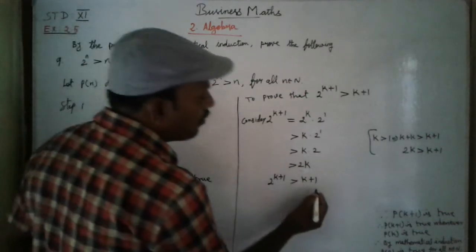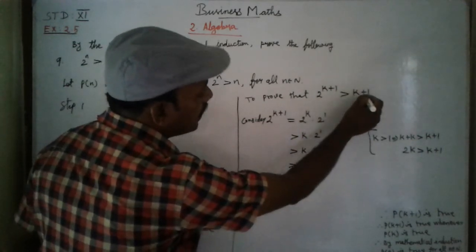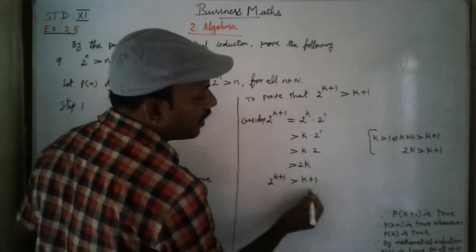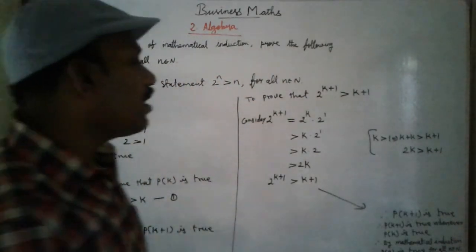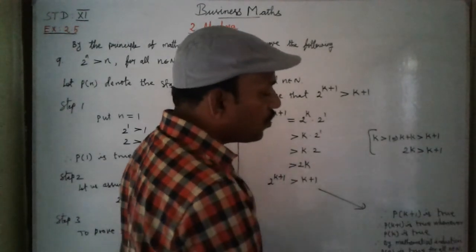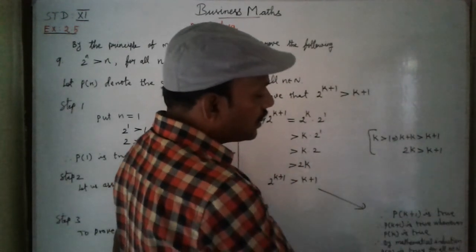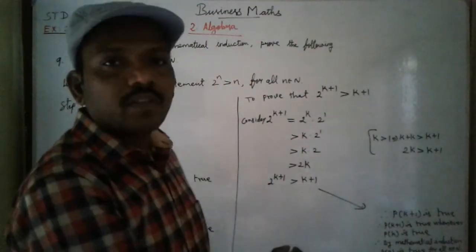Therefore it is proved here. 2 power k plus 1 greater than k plus 1. Okay, so p of k plus 1 is true. Therefore p of k plus 1 is true whenever p of k is true. By mathematical induction, p of n is true for all n belongs to N. That's all.